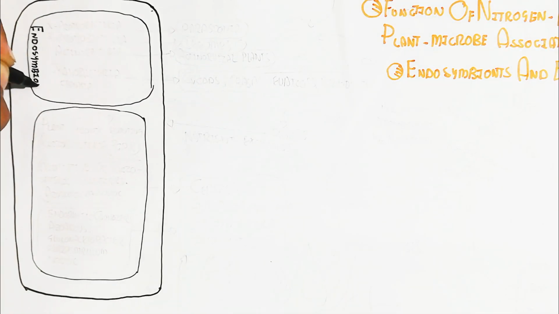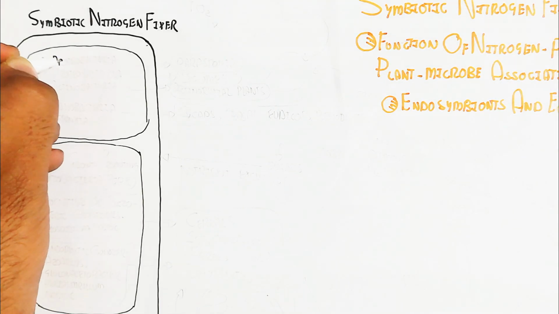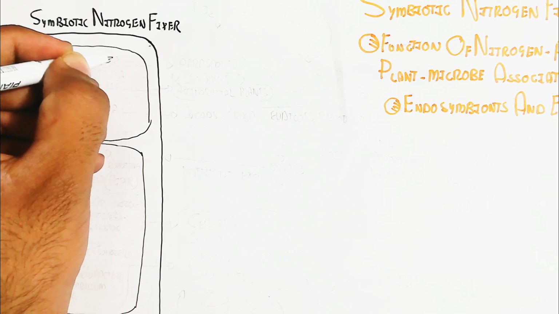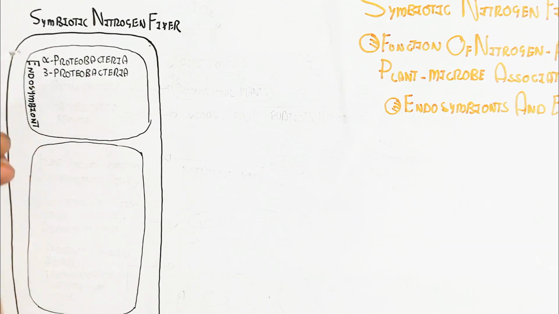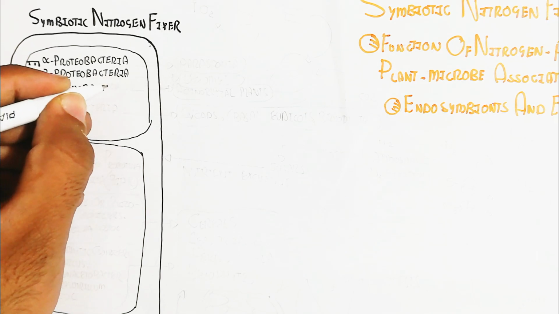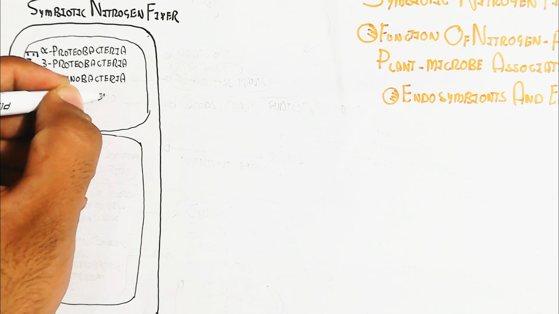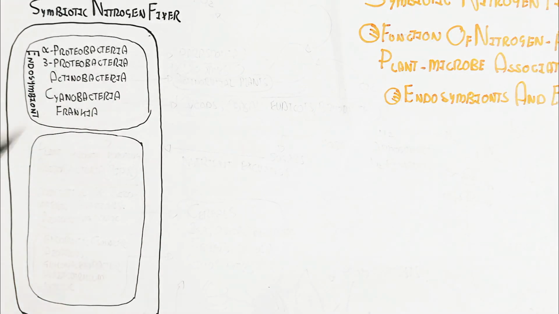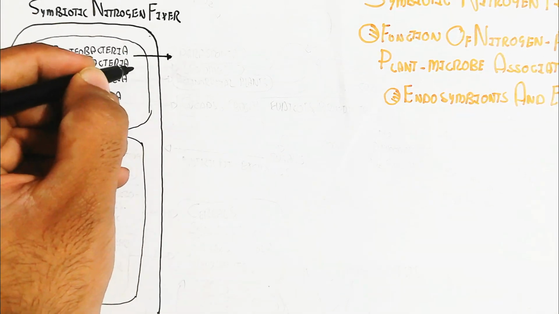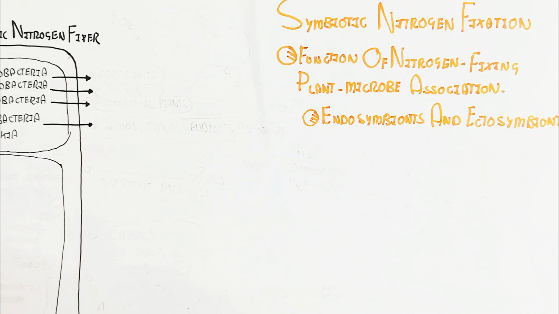The symbiotic nitrogen fixers are the endosymbionts. These endosymbionts are alpha proteobacteria, beta proteobacteria, actinobacteria, and cyanobacteria, and also Frankia. The alpha proteobacteria are used for the plant known as Parasponia.